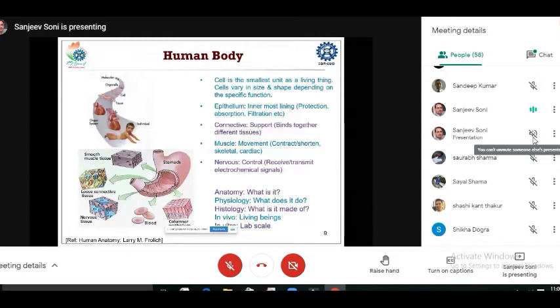If you talk about a particular tissue, there are four types of tissues for each and every organ. One is the epithelium, which is the innermost layer of a particular tissue, and then we have connective tissue which supports various parts of the tissue. We have muscle tissues which are responsible for the movement of a particular organ, and then we have nervous tissue which transmits the brain signal to the various tissues for functioning.